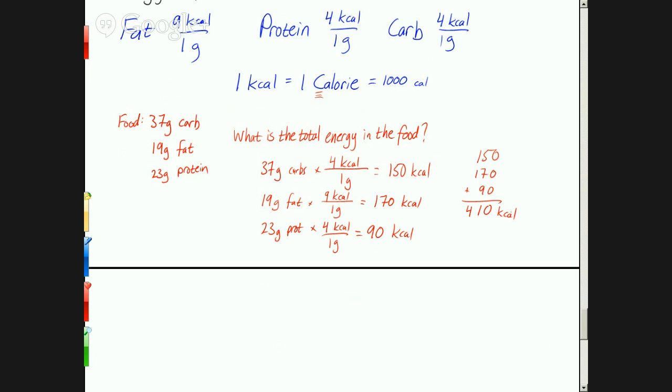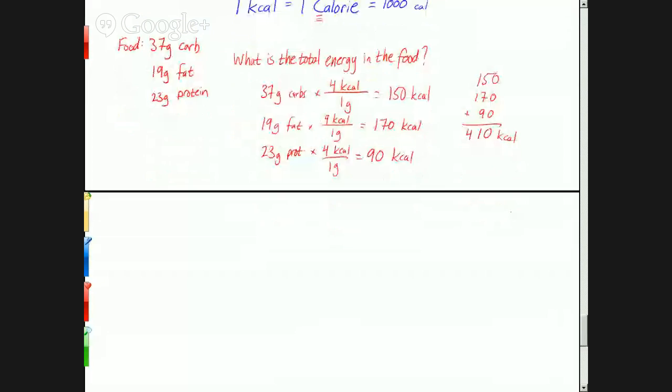And that should be the same as the calories listed on the label per serving. But sometimes not, and you can check that, and we'll see that today in lab also.